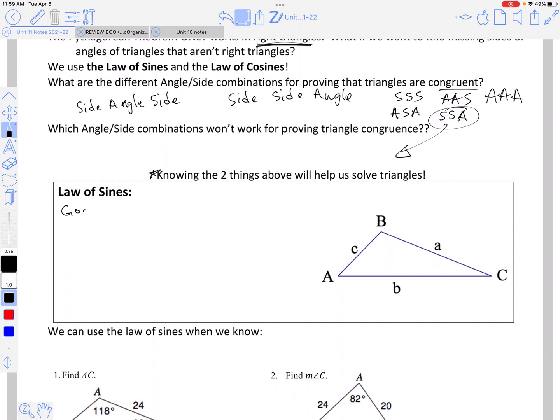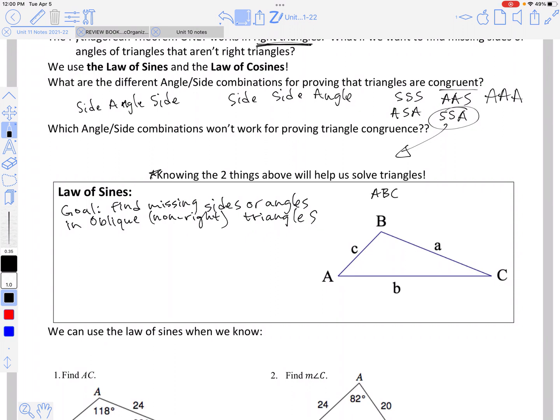With the law of sines, our goal is to find missing sides or angles in what's called oblique triangles. You don't really need to memorize that word, but these are non-right triangles. Remember, capital letters are angles and lowercase letters are sides.